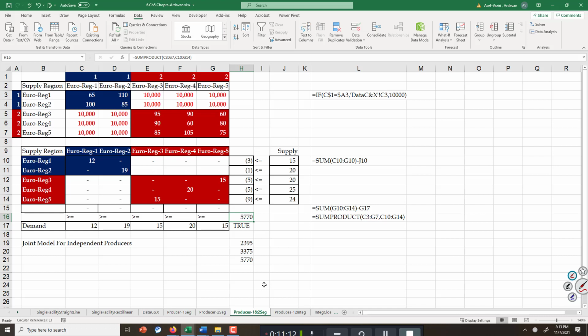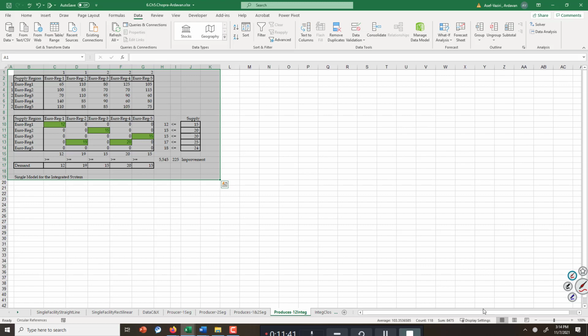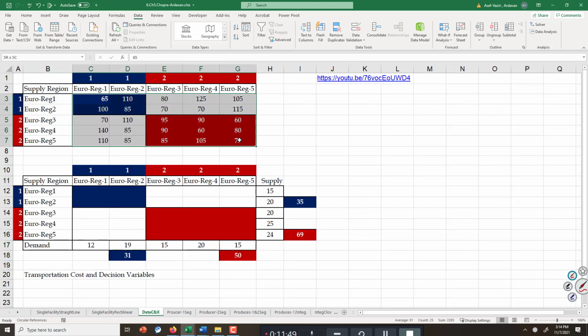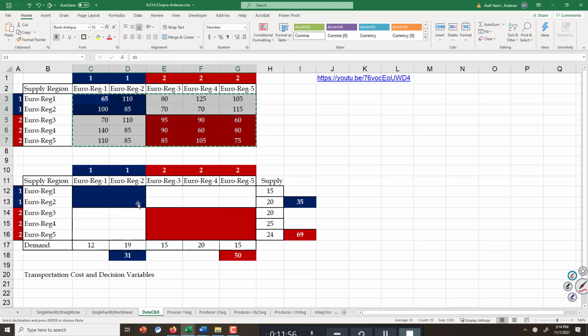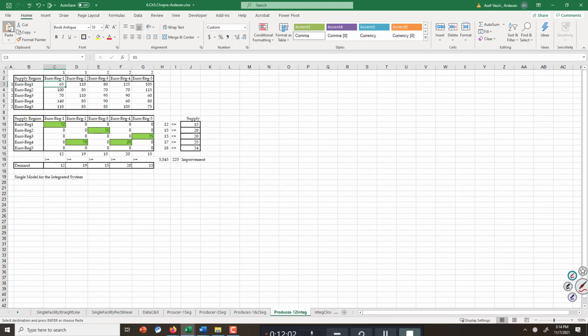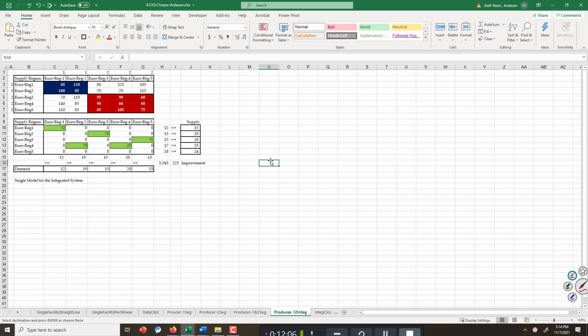Now let's go one step further and suppose these two companies have merged. And now they can serve everywhere. We remove this one and we just copy the cost function.